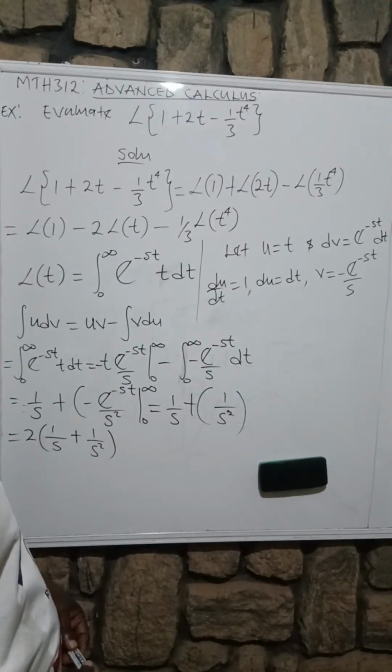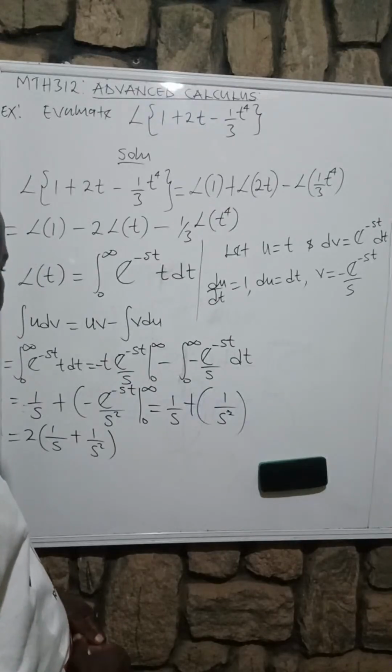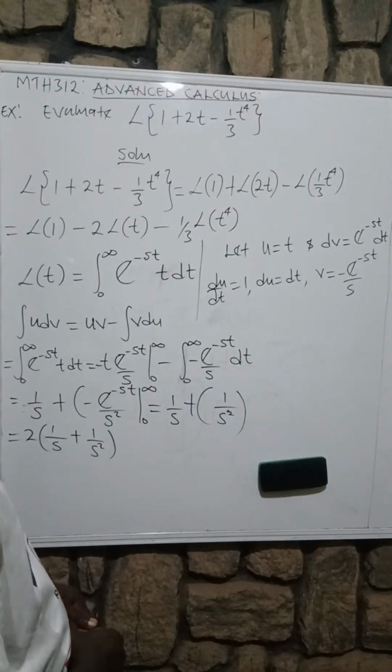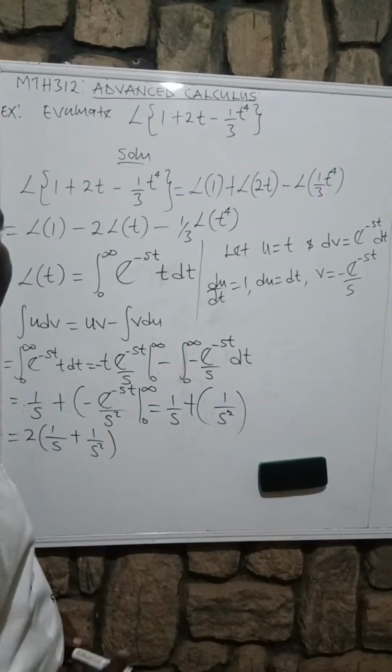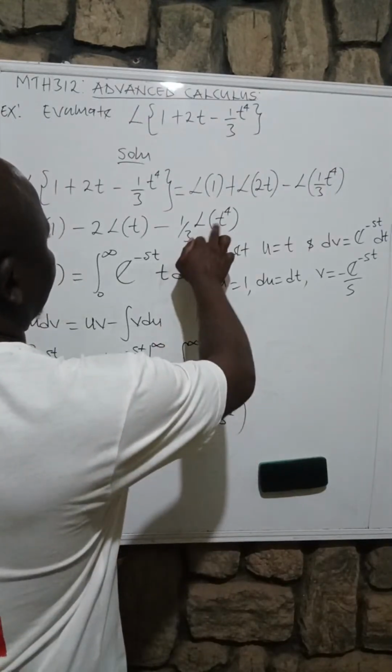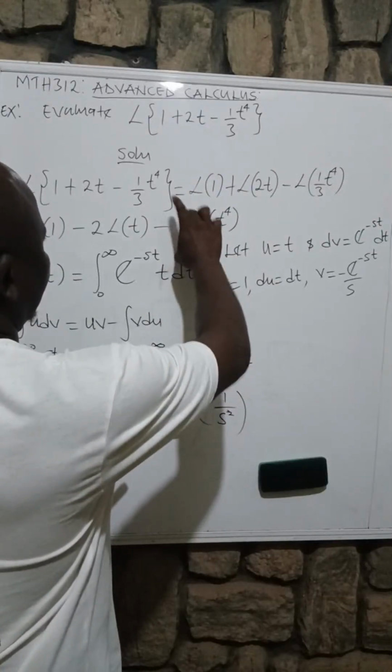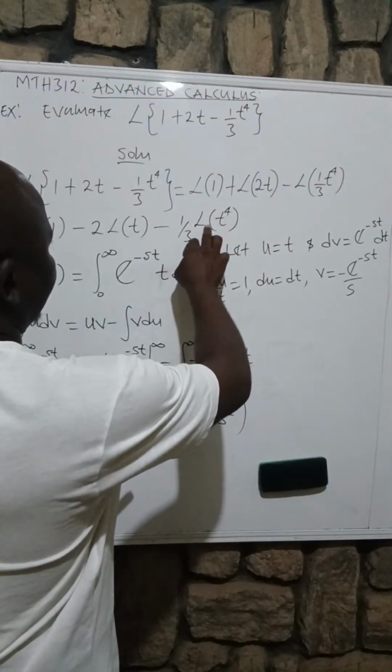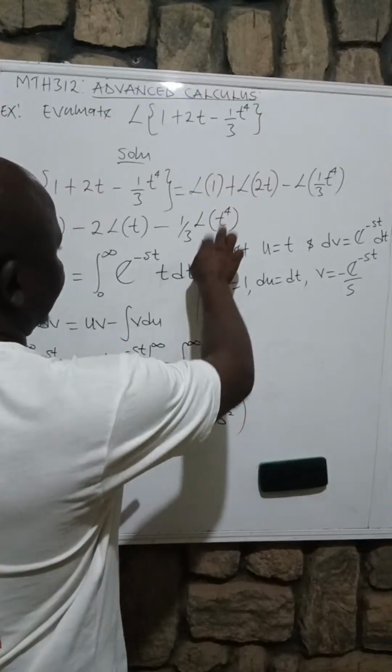Right? Okay. So then here, 1 all over 3, then consider this.